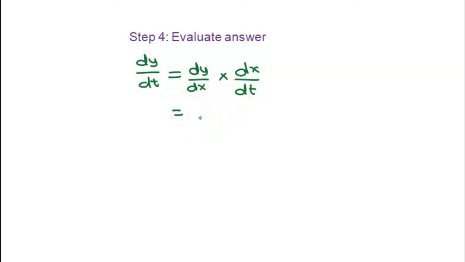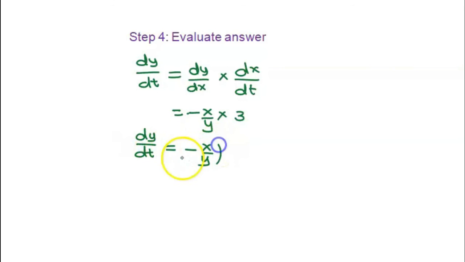Here, dy over dx is what we obtained in the previous step, negative x over y, multiplied with dx over dt, given in the question as 3. Here we have dy over dt as negative x over y times 3.